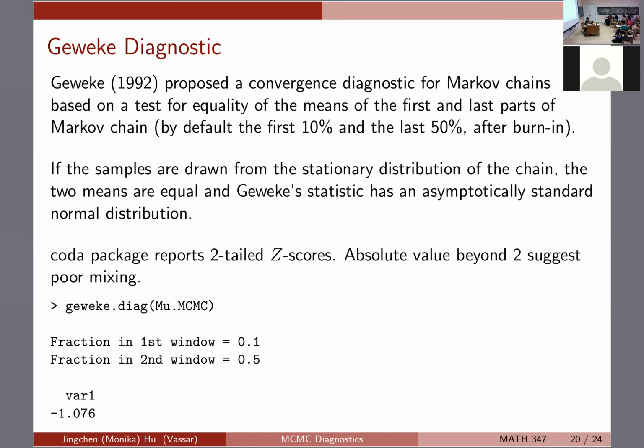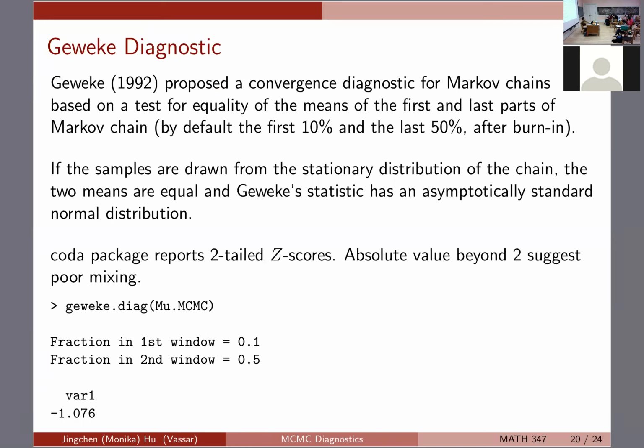All right. A third diagnostic over here, which actually will be very intuitive. I think the idea itself is not something very fancy. So let me tell you the general idea first, and then tell you what they're doing. Geweke, in 1992, proposed a new convergence diagnostic.